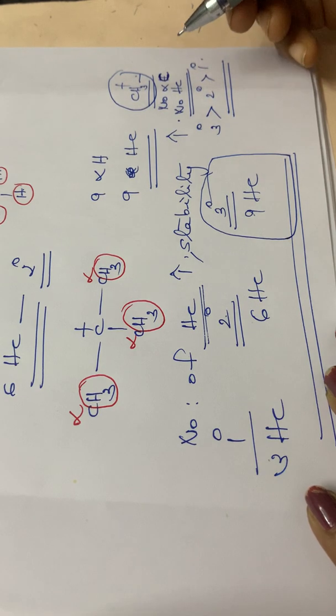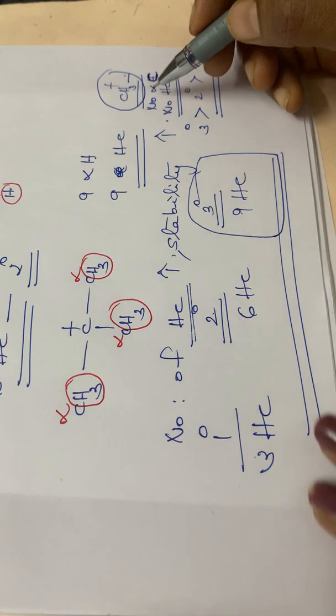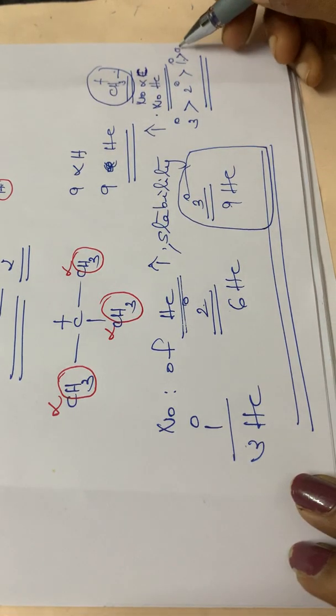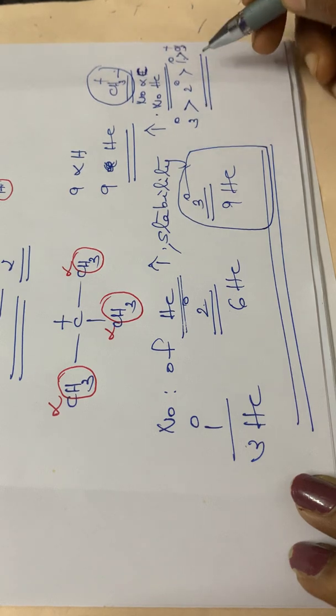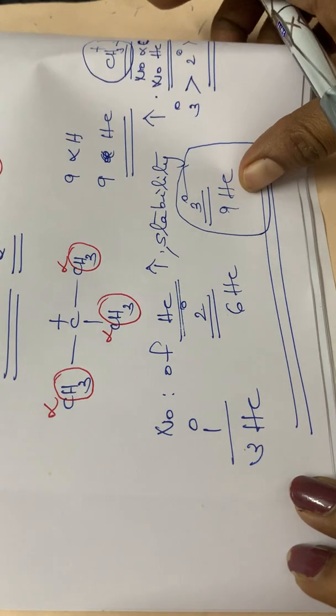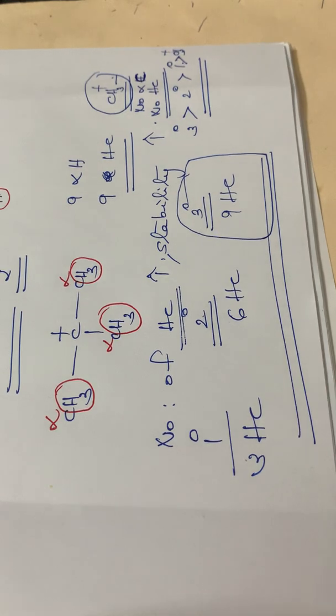So the stability will be the least for methyl, then comes primary, then secondary, then tertiary. So the stability will be in this order. Okay. Then the next is the stability of carbocations in terms of resonance. Up to this you are clear, I think. If you are having any doubt, please ask me.